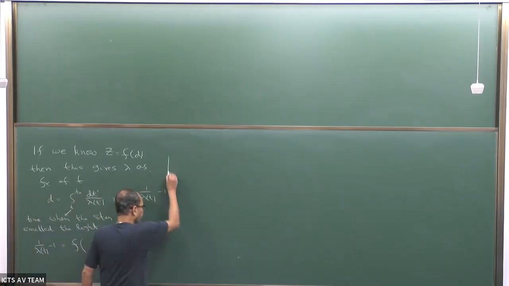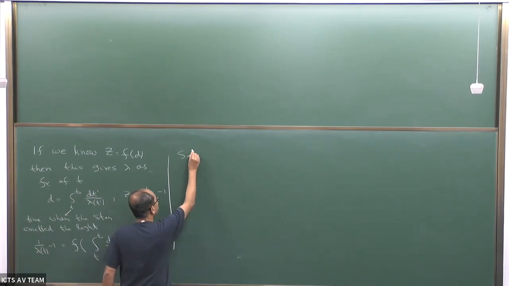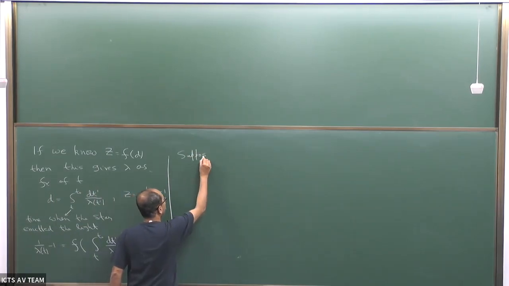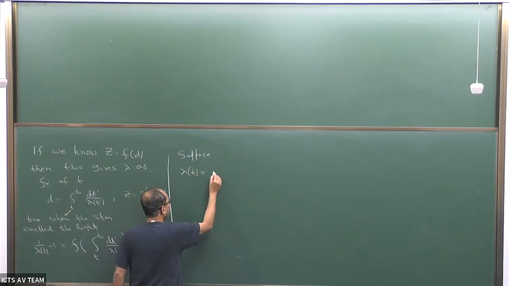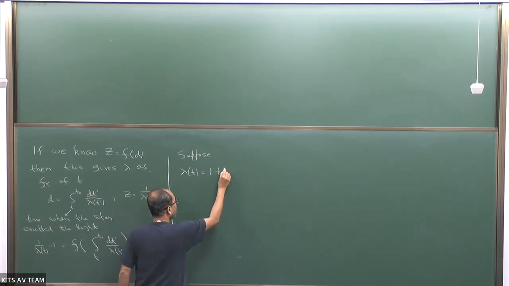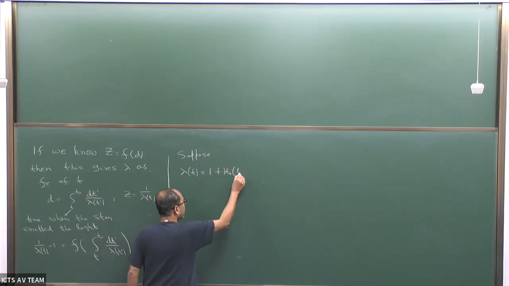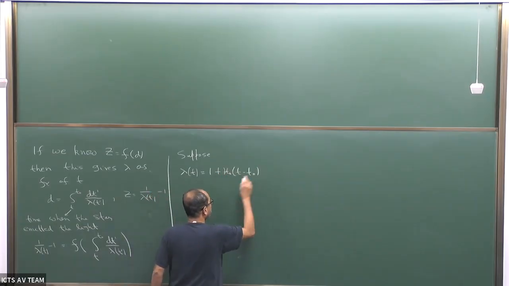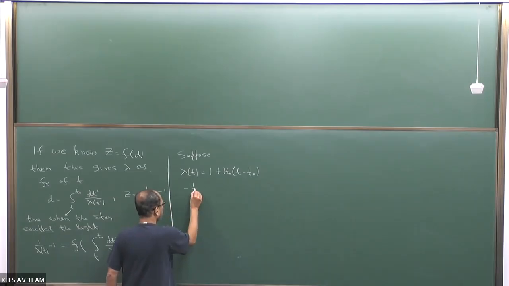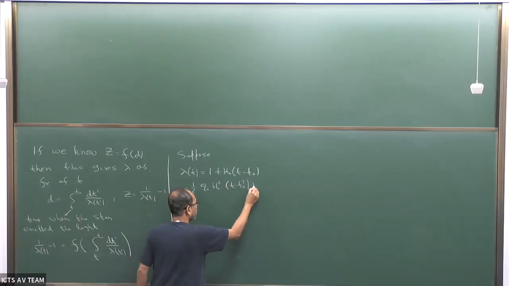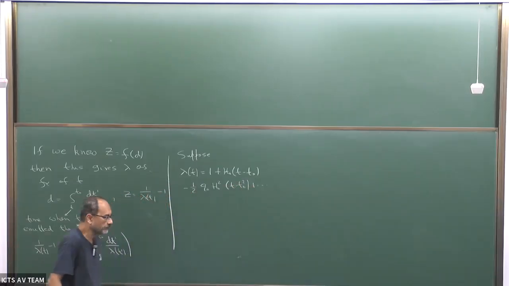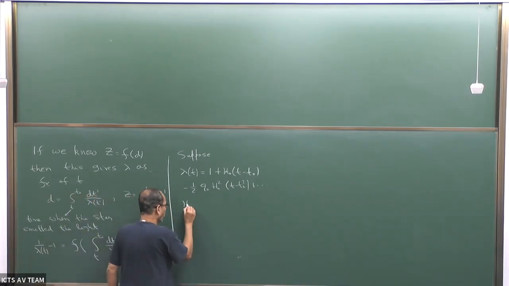So suppose lambda of t is given by 1 plus h naught times (t minus t naught) minus half q naught h naught squared times (t minus t naught) squared plus etc., where h naught and q naught are unknown.